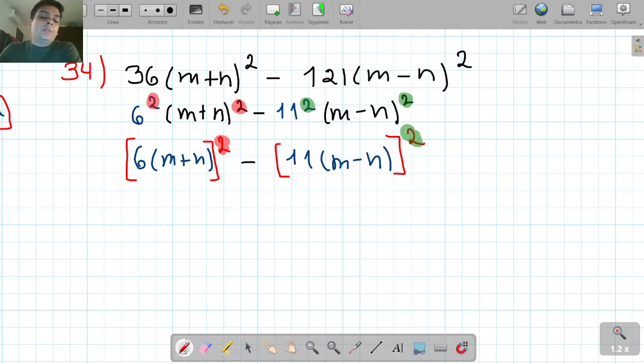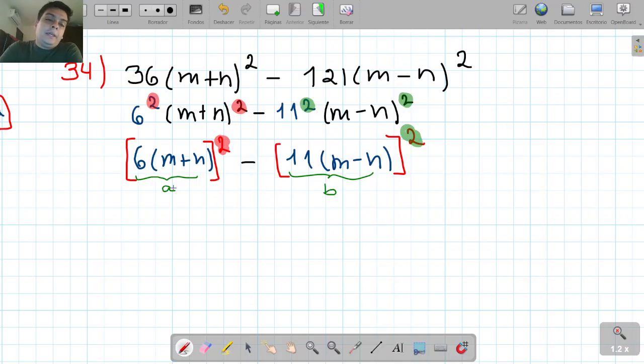This is the opposite operation of distributing the exponent to each one of the factors. So instead of distributing, we are taking it out. Now, in this expression, we can call this a, and we can call this b.